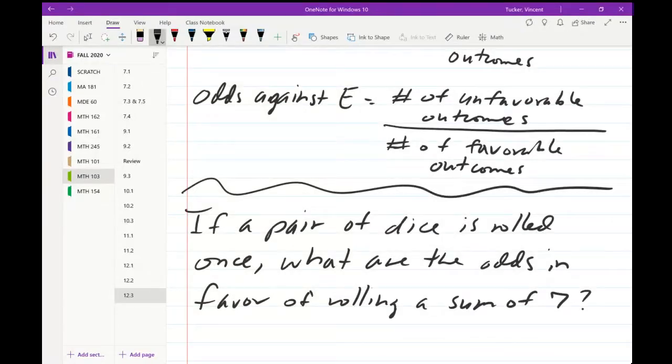All right, so if a pair of dice is rolled once, what are the odds in favor of rolling a sum of 7?